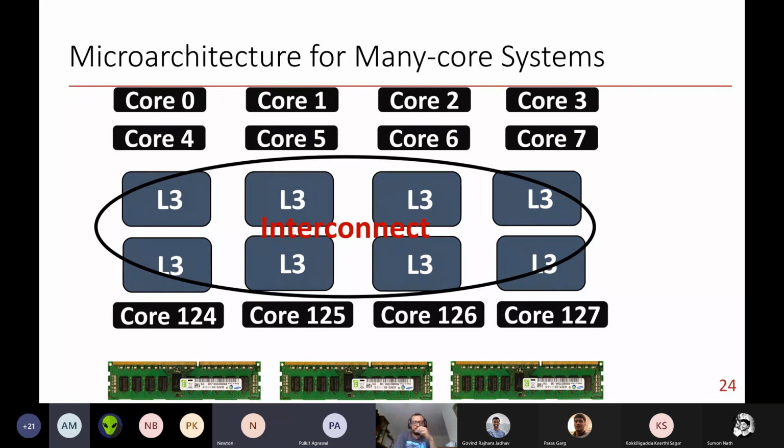And the progress rate of each core means whatever process is happening, the progress rate is more or less the same. If the progress rate is being hampered, then every core gets hampered at an equal rate, maybe. So basically, fairness means, let's say there is an application running on core 0 and an application running on core 127, and no matter what the other cores are doing, there should be an upper limit on the slowdown or performance overhead because there is contention at various resources: interconnect, caches, DRAM.